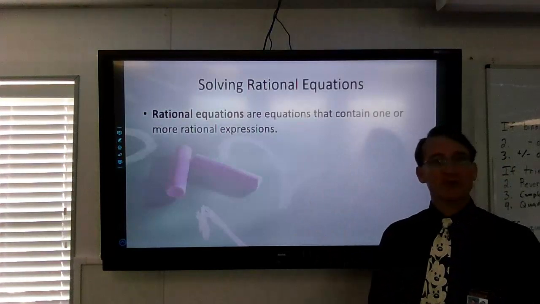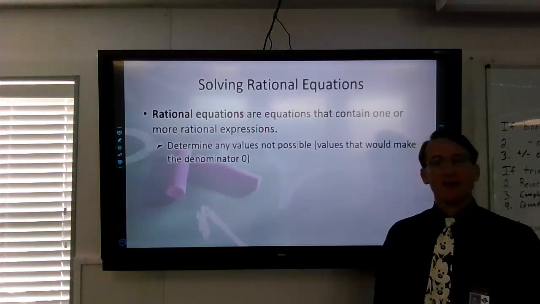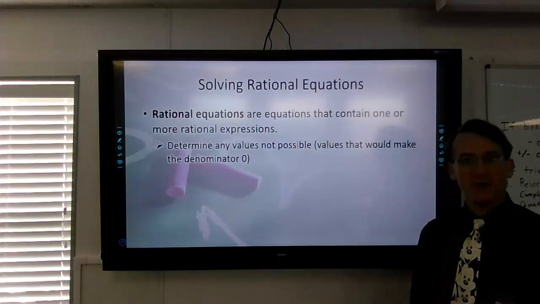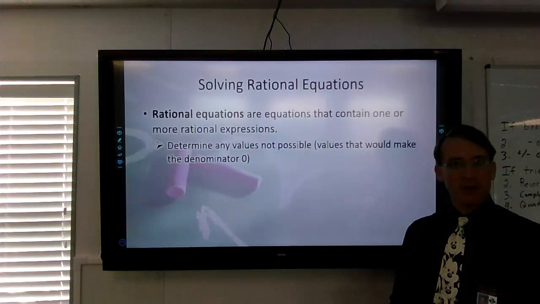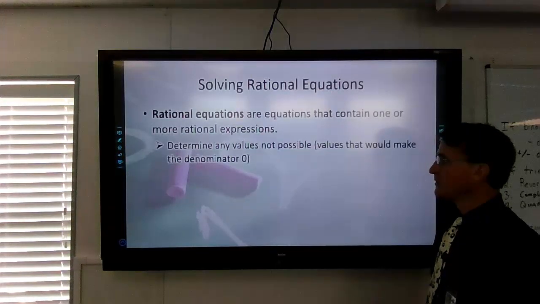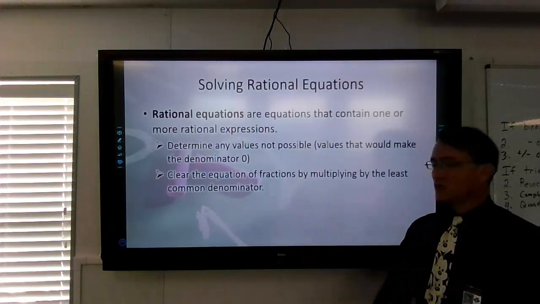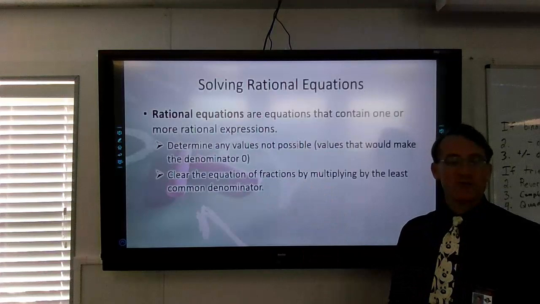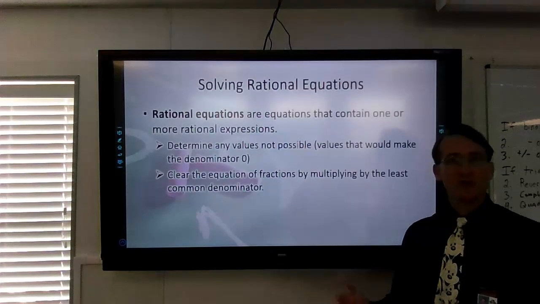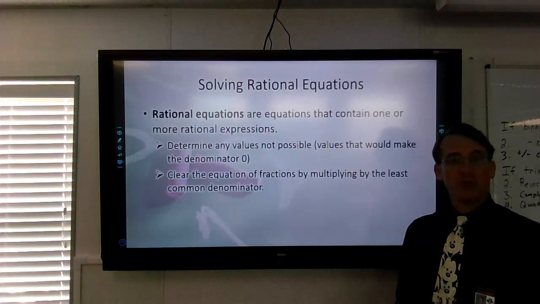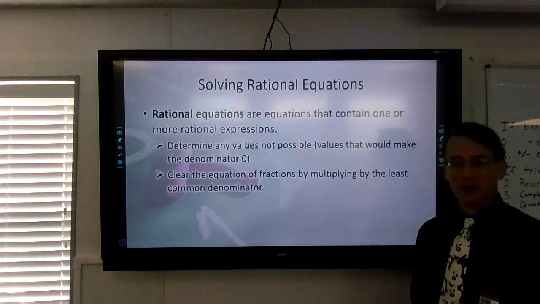To walk you through the process, the first thing we want to do is determine any values that our variable cannot be, which means the denominator cannot be equal to 0. The next step is to clear all the equations of the fractions. Most of us don't like working with fractions, so we're going to clear the equation of all fractions by multiplying by the least common denominator, which means I need to find that least common denominator.